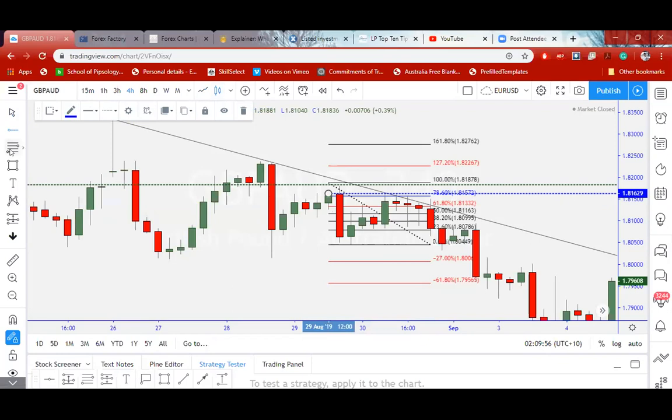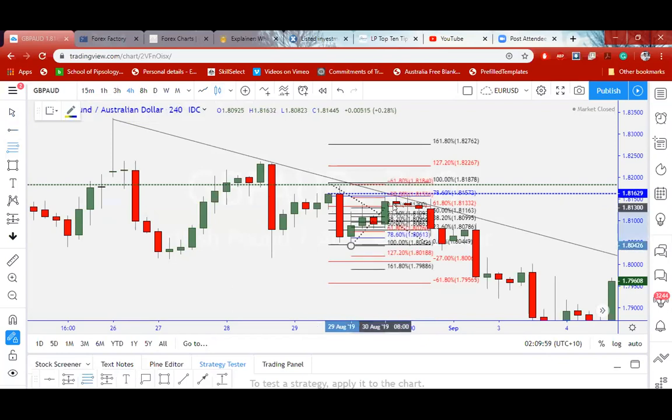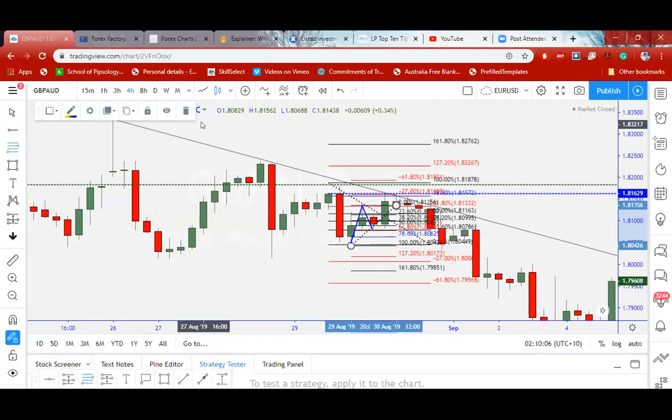And I'm not sure, but if I draw a fib low to this high, it's minus 27. Lovely, perfect. Can you see it, guys? The price tapped the 61.80 and respected the final move, the minus 27.